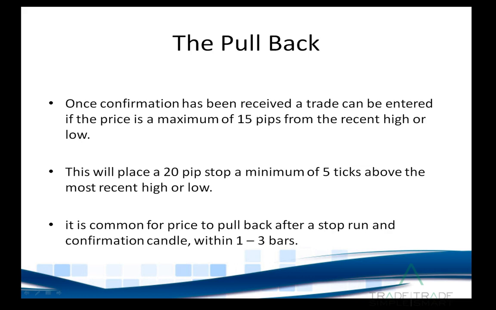Now, because many times the confirmation candle can take us some ways away from the most recent swing high or low, the pullback candle allows us to get in at a better price and also allows us to secure a stop loss in a relatively safe place.